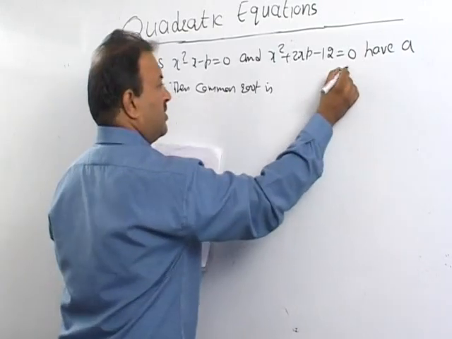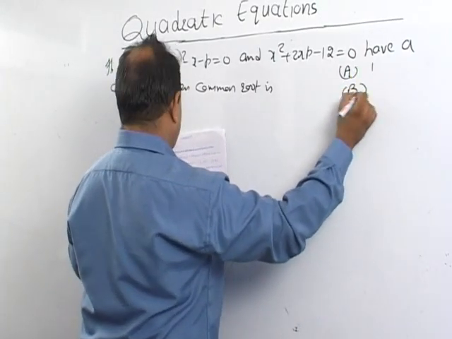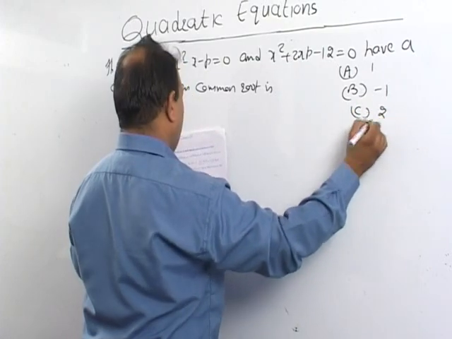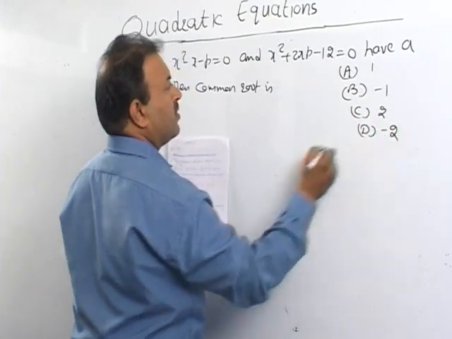A option is 1, B option is minus 1, C 2 and D minus 2.